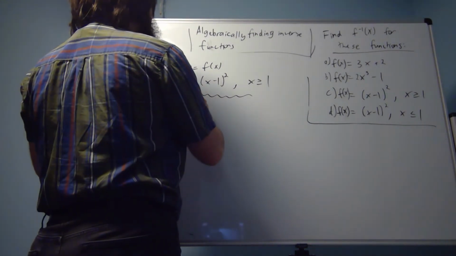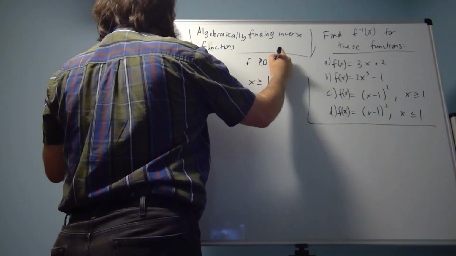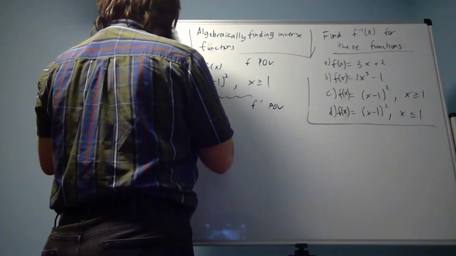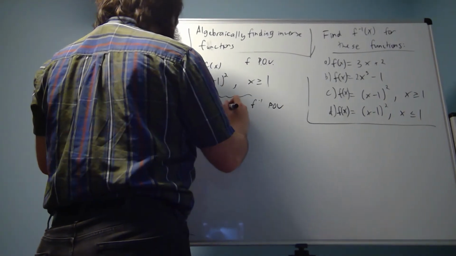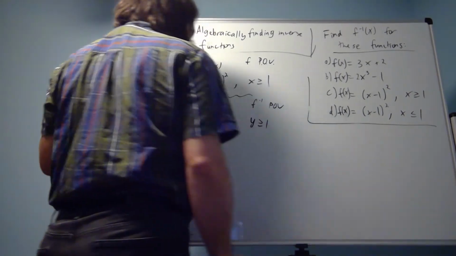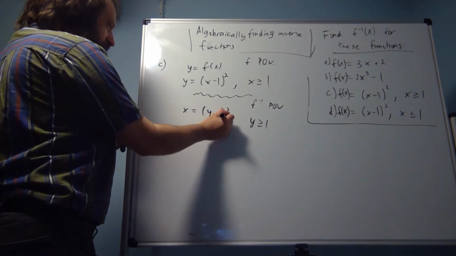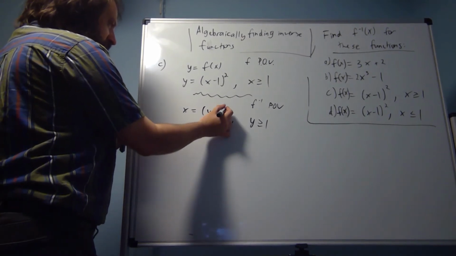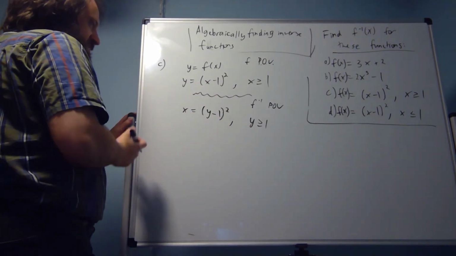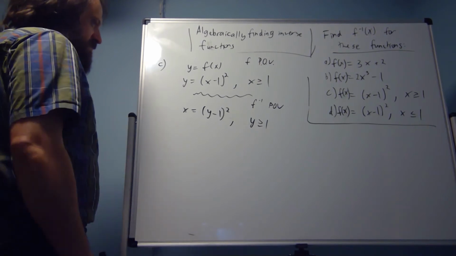So here, this is f's point of view. And the f inverse point of view says not only is x equal to y minus 1 squared, but it's not x that's greater than or equal to 1. We know that y is going to have to be greater than or equal to 1. Everything about this xy relationship is reversed, because everything that used to be true about x is now true about y, because they're literally just mirror images over the y equals x line.